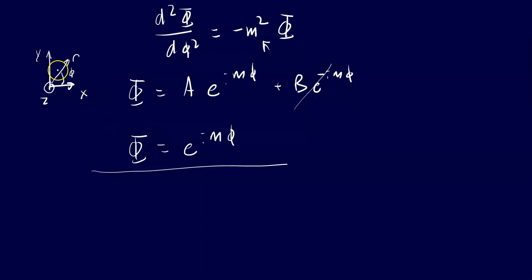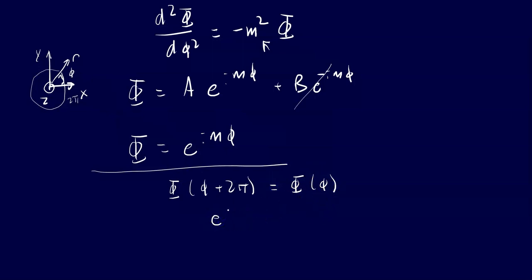And so you can imagine if I have my vector here, and then I rotate all the way around by an angle of 2 pi, I should be right back where I started from. And so what we can say is that we hope that this function would be like this. If I take this phi function at some point, phi plus 2 pi, it should equal what it was at that phi.